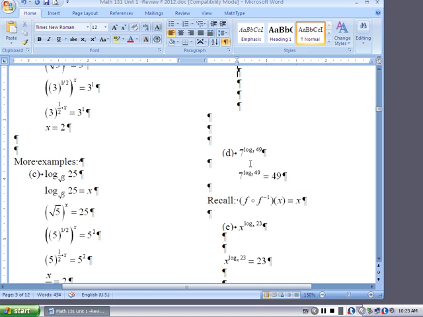Log to the base 1/2 of 8. 1/2 to what power gives you 8? If you say 3, it will be 1/8, right? You need to take the reciprocal. One more time.